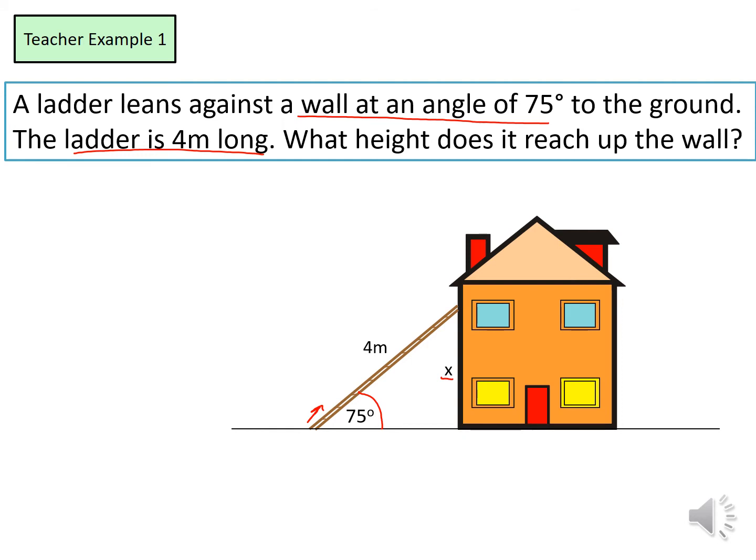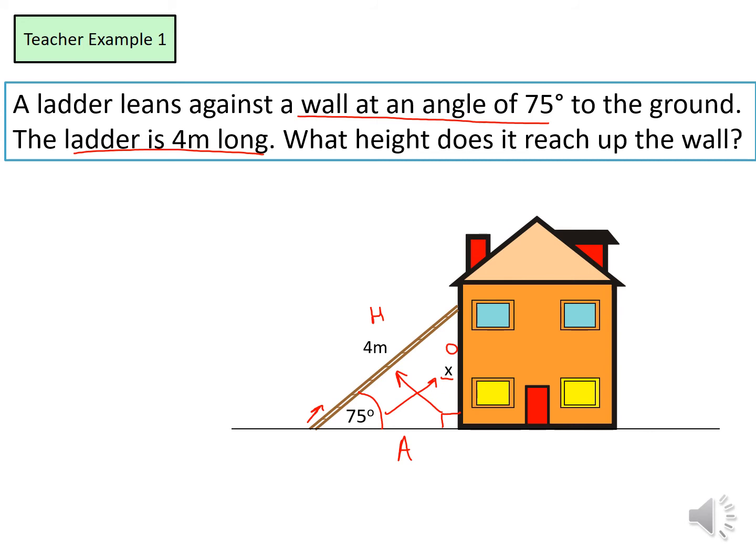First things first, let's label what we see. Put a right angle there because that's 90 degrees. Opposite my right angle is the hypotenuse. Opposite the angle is my opposite side, and we are left over with the adjacent. Which one do we not need? The hypotenuse has the length of the ladder.